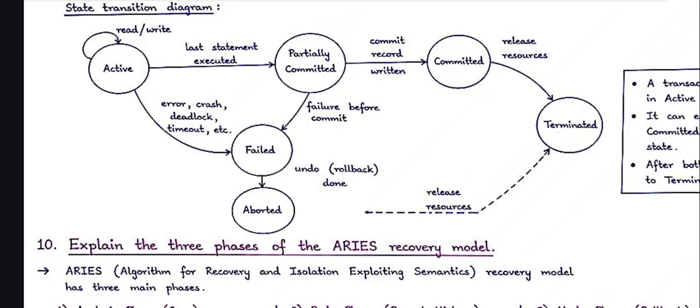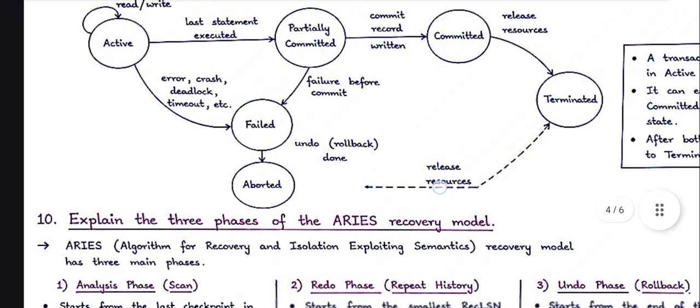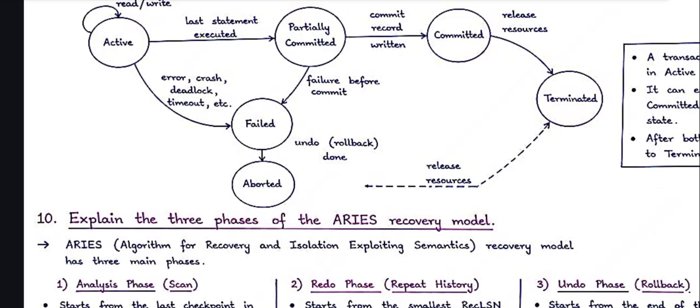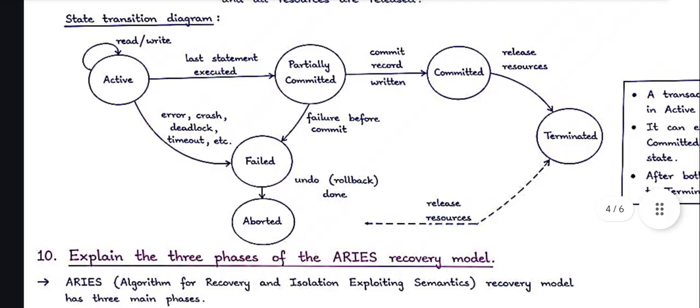If it catches errors after partially committed, then also failure before commit occurs, then it fails. Then undo or rollback happens, then it gets aborted. Otherwise, it commits, the record is written and it will be committed.